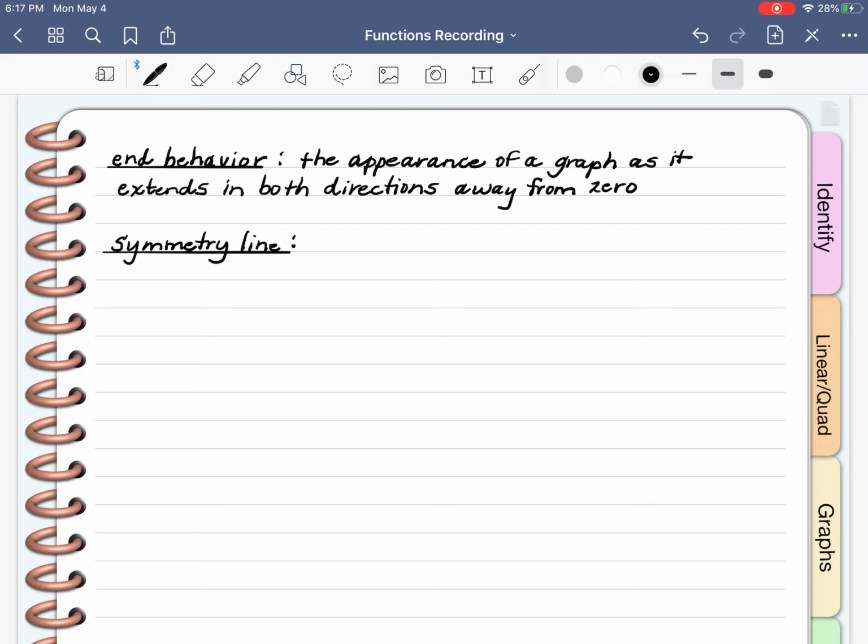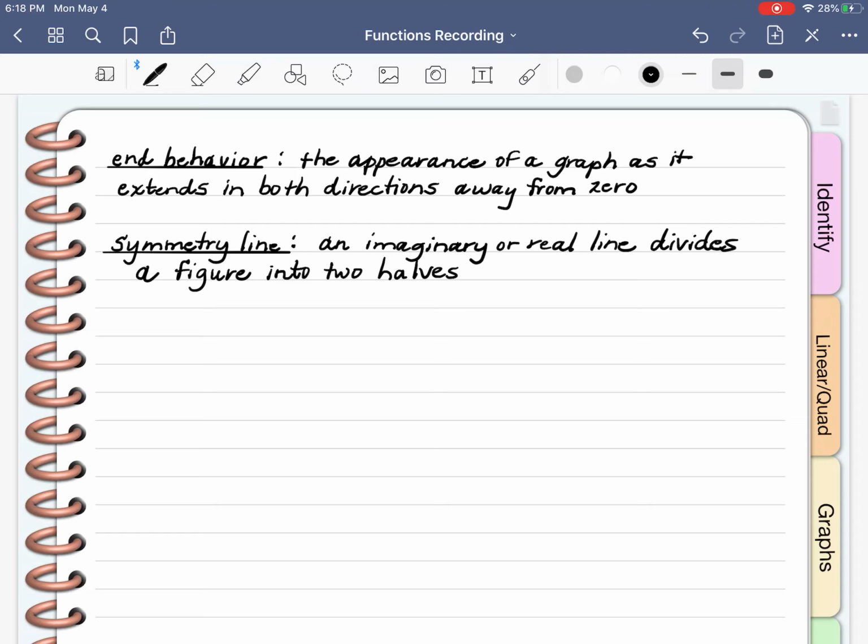It is when a line, and it may be an imaginary line or it may be an actual line, so I'm going to say imaginary or real, either one, divides a figure into two halves that are mirror images of each other.